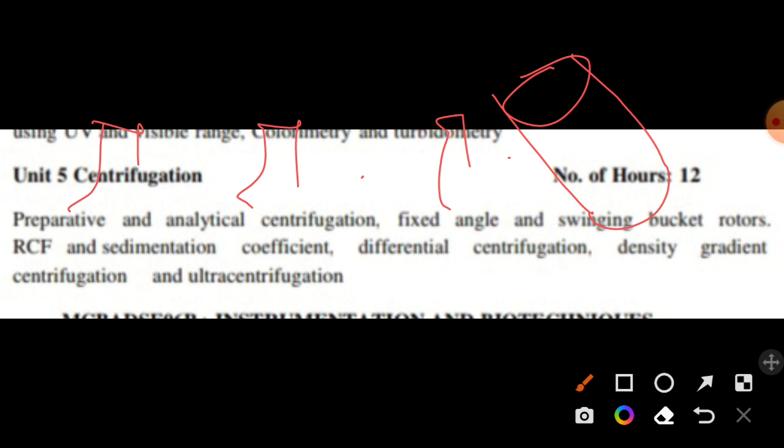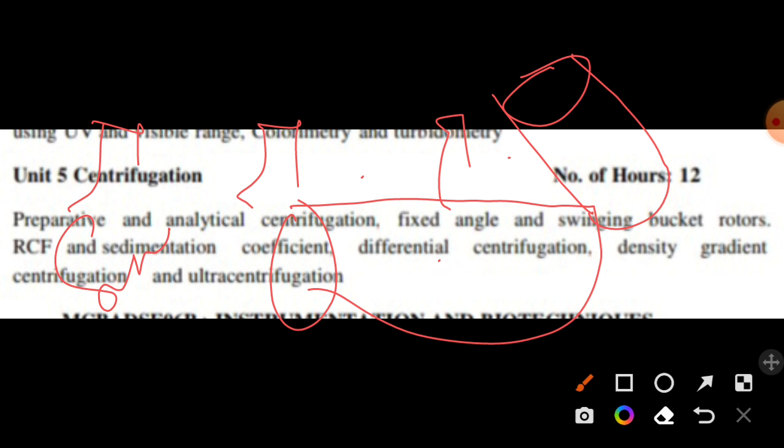Okay, because here the direction of the force is exactly opposite to the position of the particles, and in the case of a swinging bucket rotor we are placing our tube horizontally during the movement, and this swinging bucket rotor ensures easy separation of the supernatant and deposited particles.